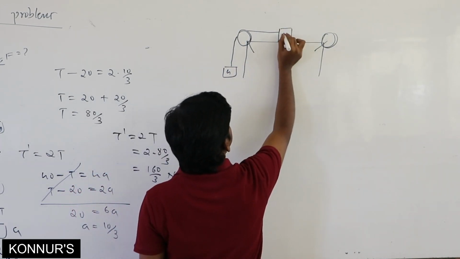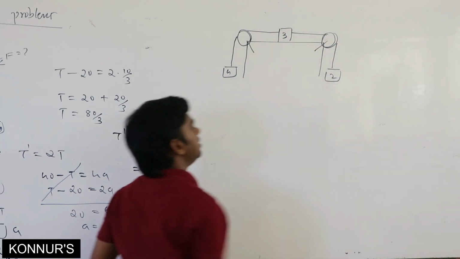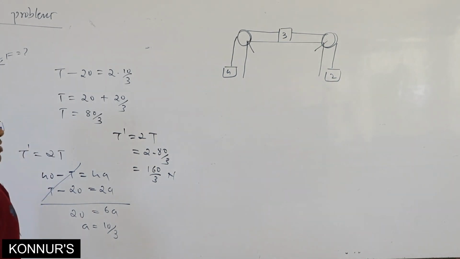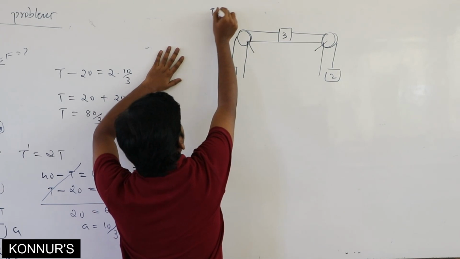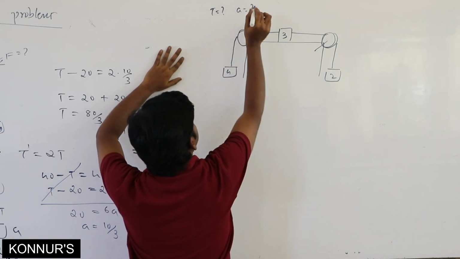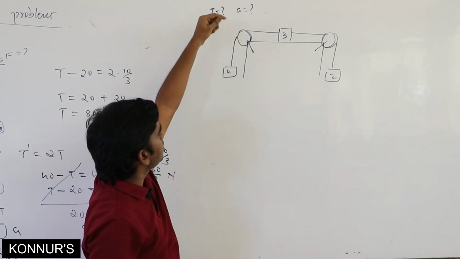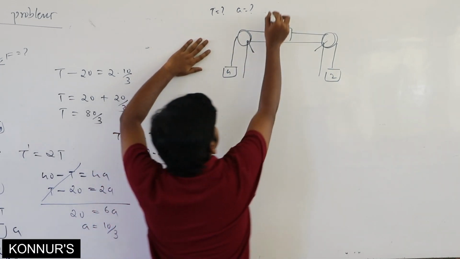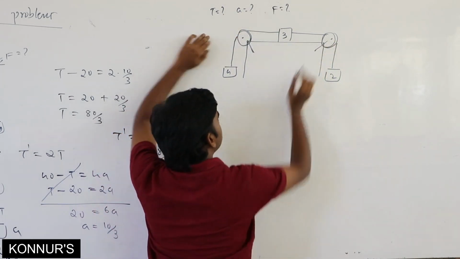Here I will connect a mass, say some 3 kg, and here I will connect a mass, say 2 kg. Okay. So obviously again they may ask what is the tension, or what is the acceleration, or what is the force exerted by the pulley on the corners.